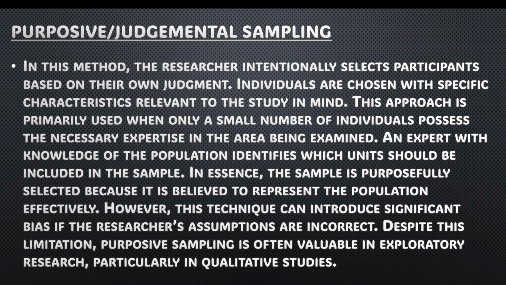There can be significant chances of bias in this type of sampling when the researcher's assumptions are incorrect. In spite of these limitations, purposive sampling is often valued in exploratory research, in particular for qualitative studies.